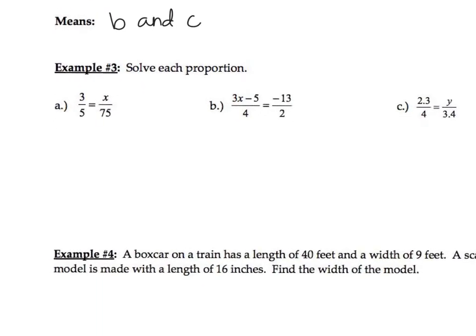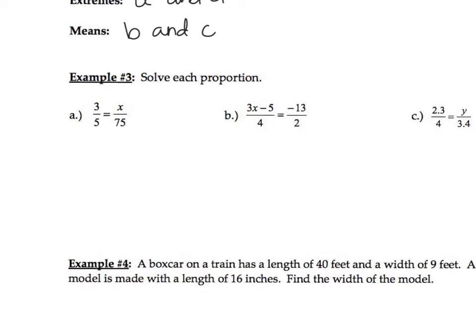So let's use this to help us solve some proportions. So we have the proportion 3 over 5 equals x over 75. So we want to find the value of x that makes these two ratios equal. So we want to multiply the extremes by the means. So we want to cross multiply. So we're going to start by multiplying the extremes.